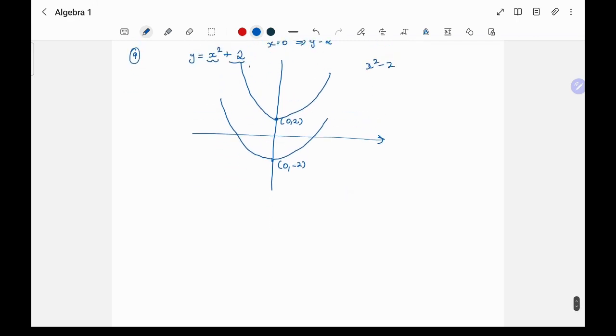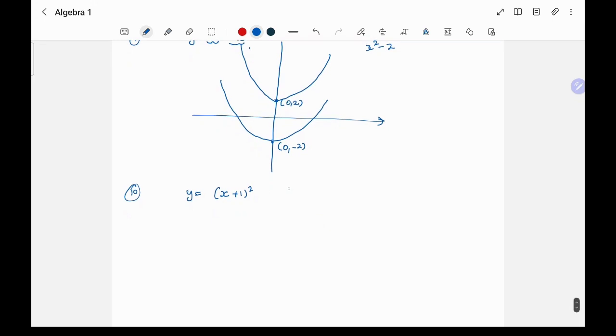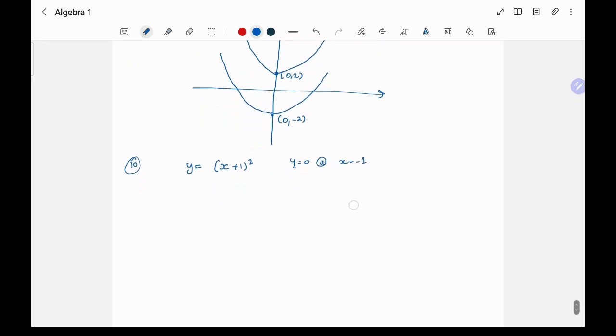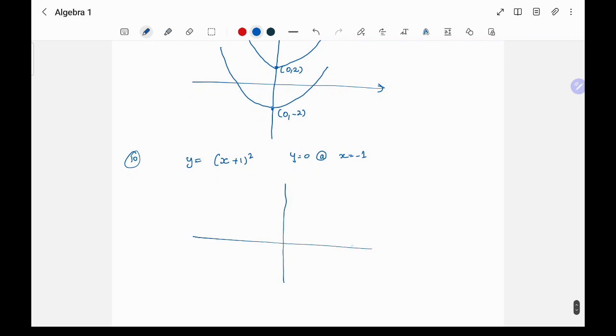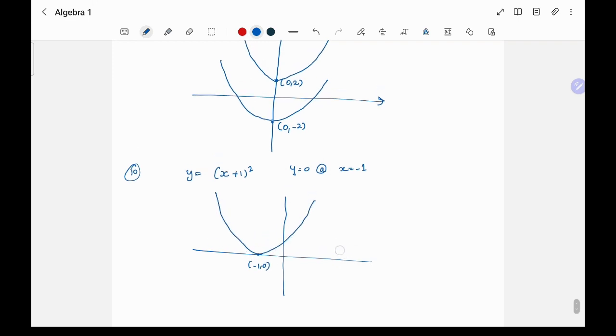How do you think you will shift along the x-axis? So you should take it within x. x plus 1 whole square. So if you see y is equal to 0 at x equal to minus 1. The 0 point is somewhere here, minus 1 comma 0. And from here the parabola comes, right?